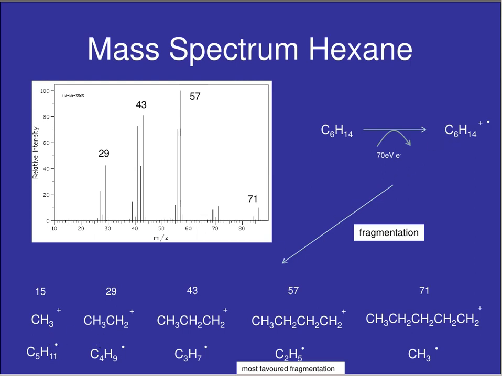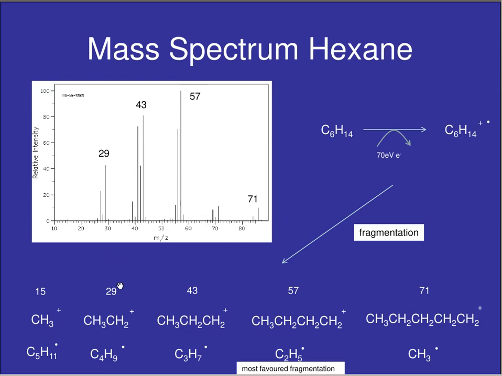So for example, it could fragment forming the methyl cation and C5H11 radical, or it could fragment this way, or could fragment that and that and that. And you'll notice that I've only put numbers. So this 15 that I've got here is 12 for the mass of carbon and 3 for the mass of hydrogens, is 15.